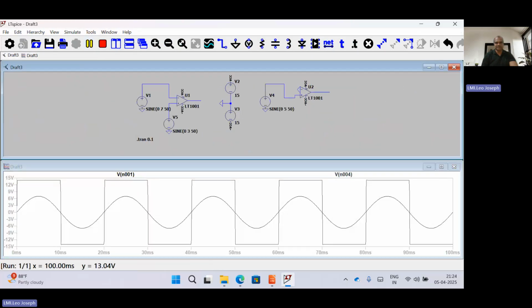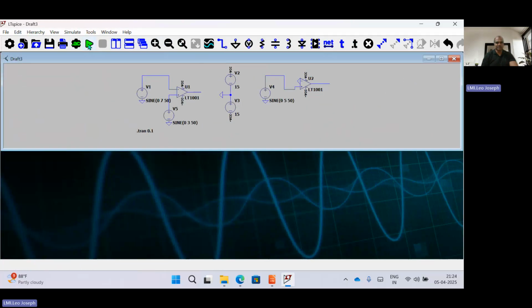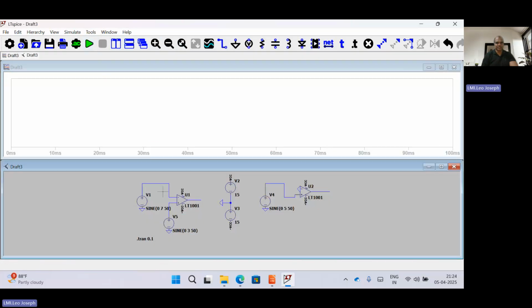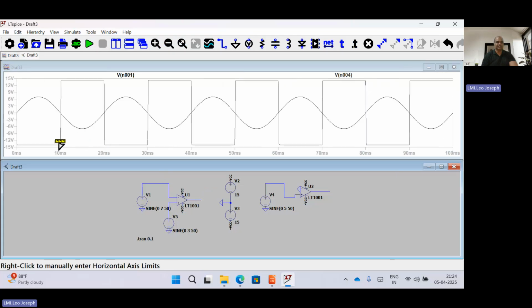Okay, let us check here. Okay, and now I am running the circuit. You can realize now this is the input, no change. What is the expectation? Minus V saturation, right? Coming from minus V saturation to plus V saturation.